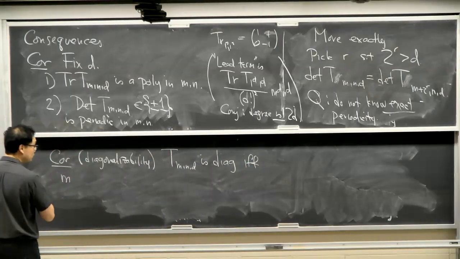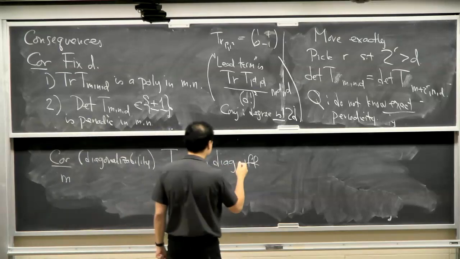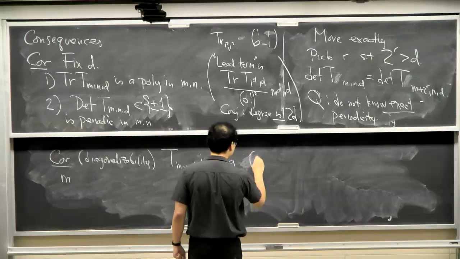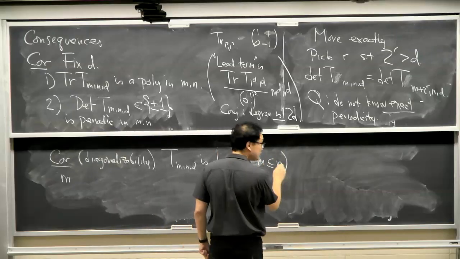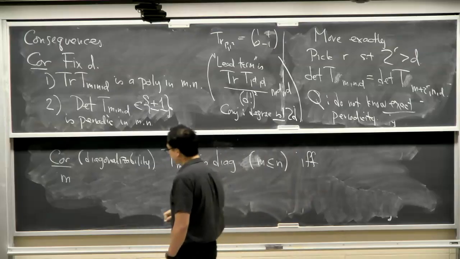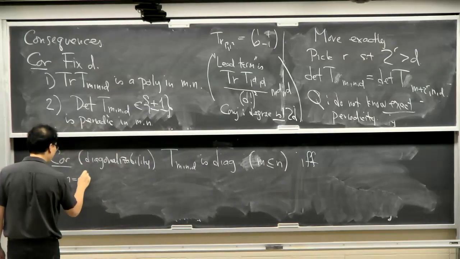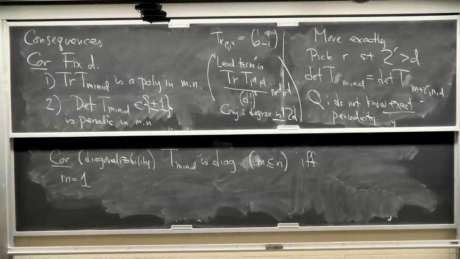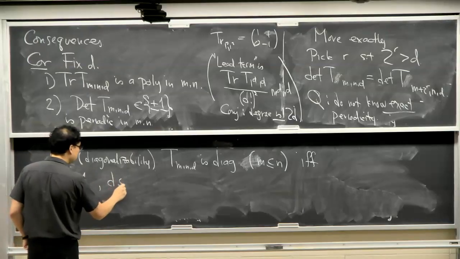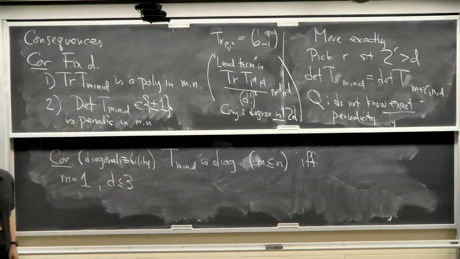Either M, let me first, just for simplicity, let me assume M is less than or equal to N. By transposition, this is not an assumption. So I either have M equals 1. In that case, the matrix is just the identity matrix. So that's clearly diagonalizable. You have low degree cases. D is at most 3.